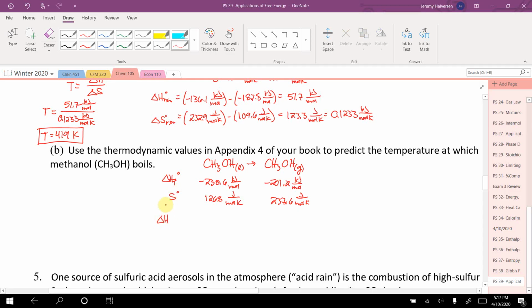So the delta H of my reaction, or really I could say the delta H of what is it doing? It's vaporizing, so vaporization. Product minus reactant. And the delta S naught of vaporization is going to be 237.6 minus 126.8.